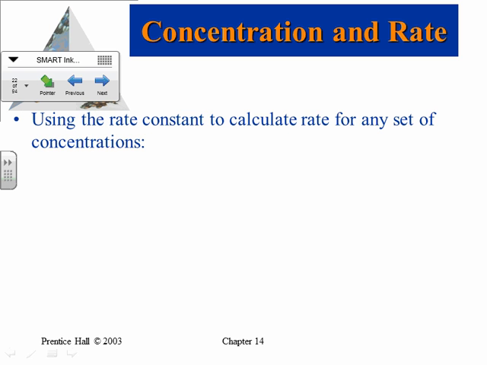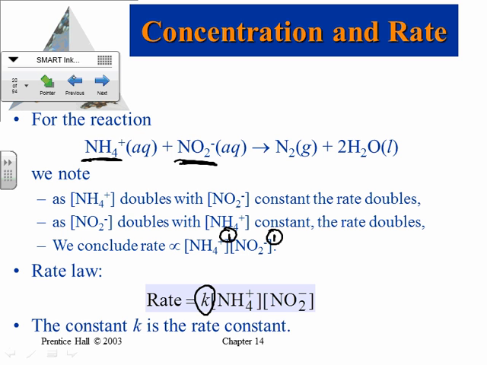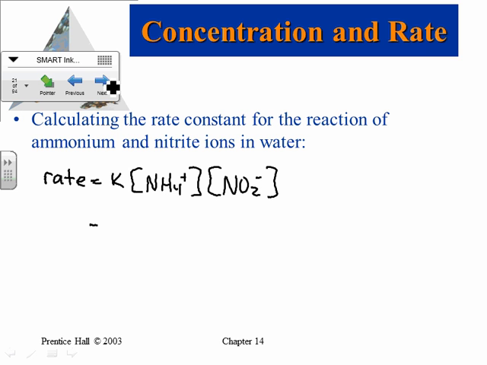So if we wanted to calculate the rate constant using the formula that we just had here, the rate equals k times the NH4+ times the NO2-, we know everything except the k.